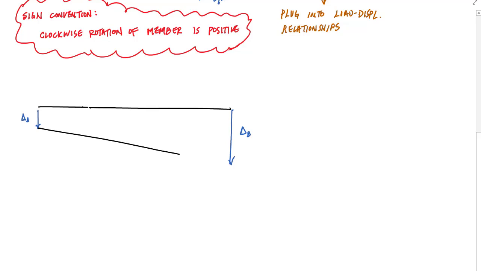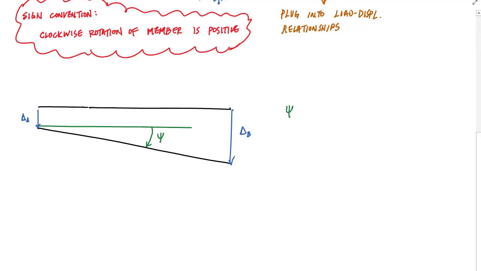Based on its settlement, it looks like this. Considering just ends A and B, it would look like this. The original shape, if I draw the horizontal line here, was originally horizontal like this. And because the member rotated clockwise from its original shape, we'll call this psi.